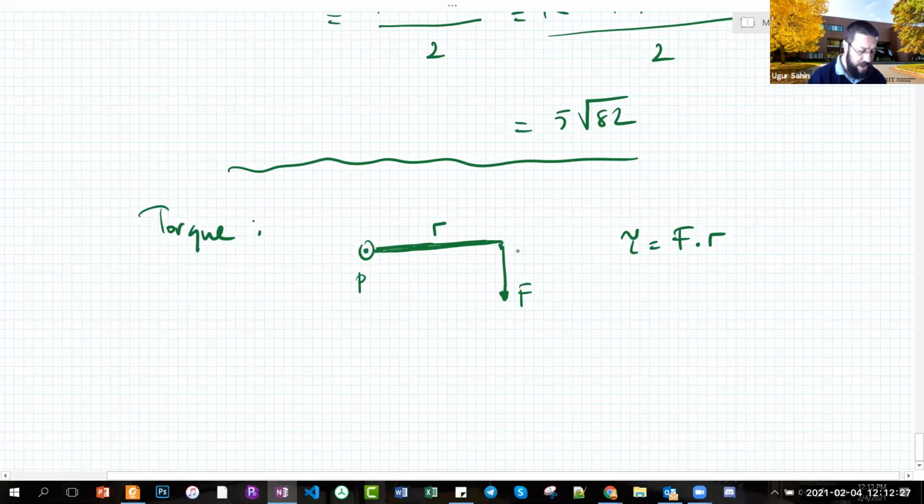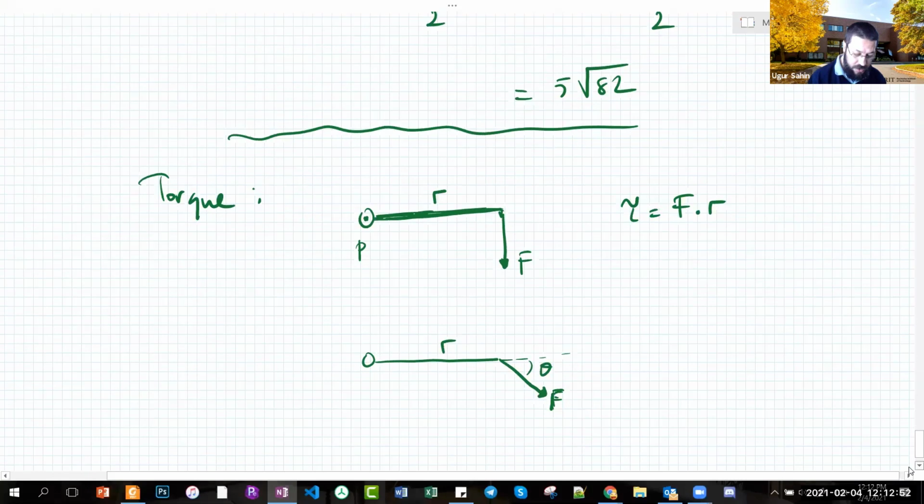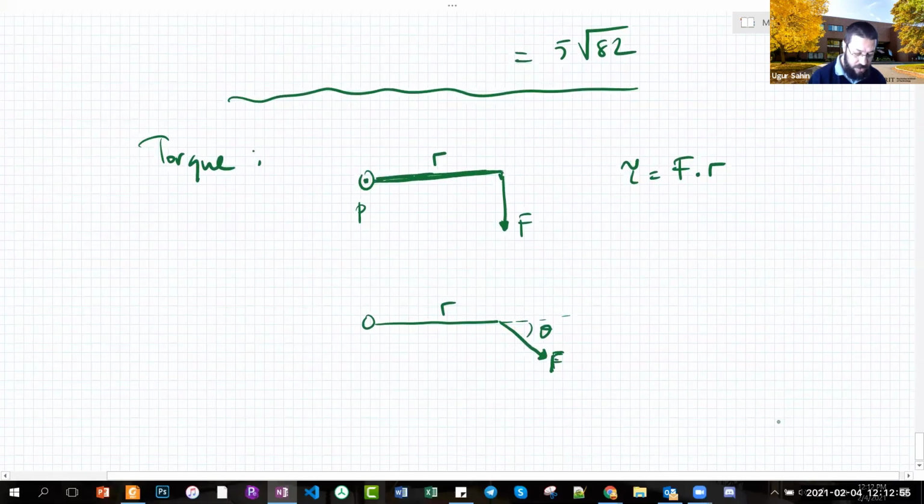But let's say we apply the force not in that way, but in this way, which is what we generally do. Like when you close the door, you apply your force with an angle. The theta between your force and R is going to be your reference angle.